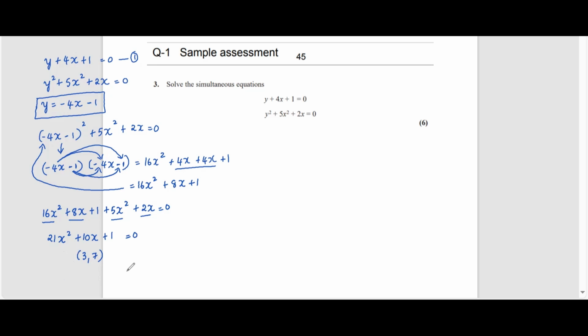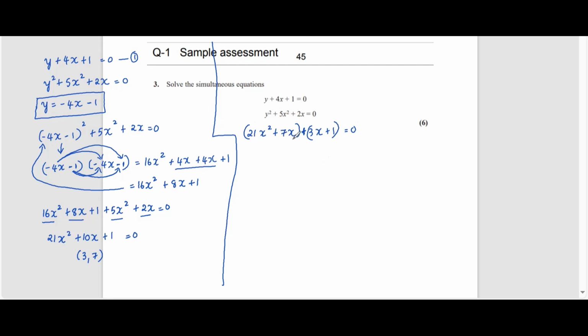Let's split the middle term now. So 21x² + 7x + 3x + 1 = 0. Keep the middle sign as it is and split them into two groups.